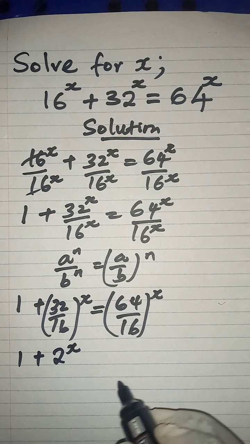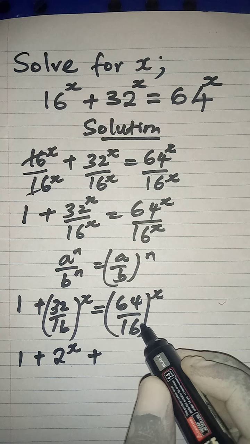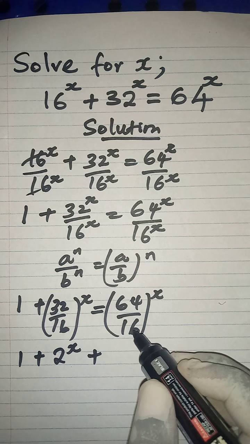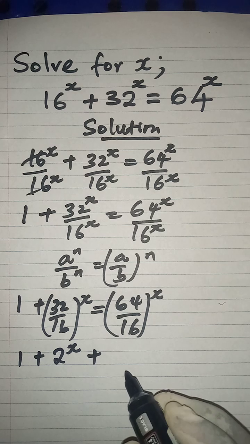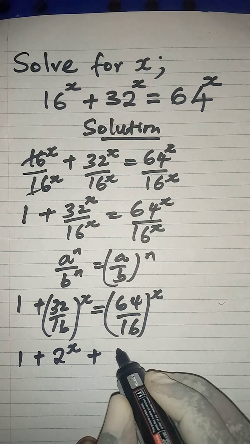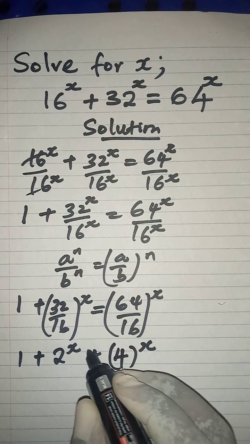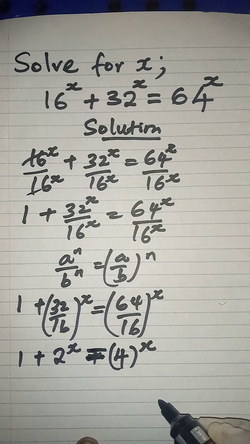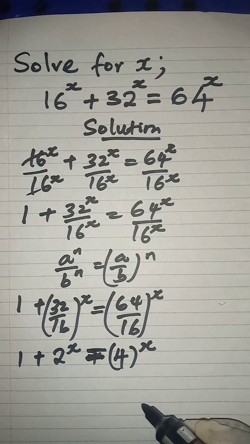So it's going to be 2 raised to x plus, 16 and 64, of course you get 4 raised to x when you divide.